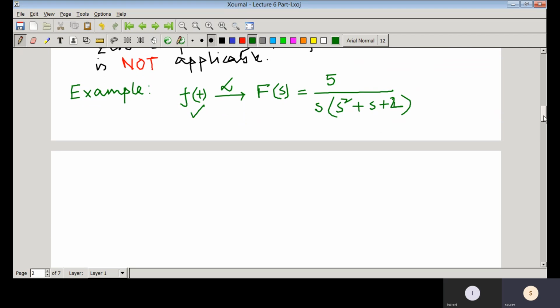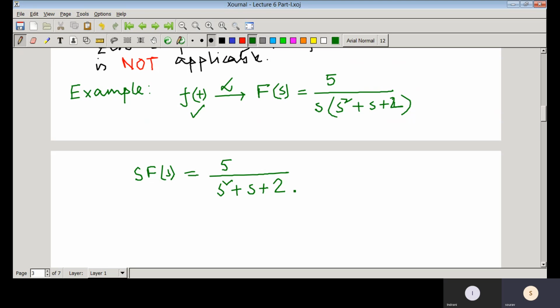But before applying it, we need to see whether sF(s) is analytic on the closed right half of the S-plane or not. If you do that, you will get 5 by (s square plus s plus 2), and this function is analytic because the poles are lying in the left half of the S-plane.